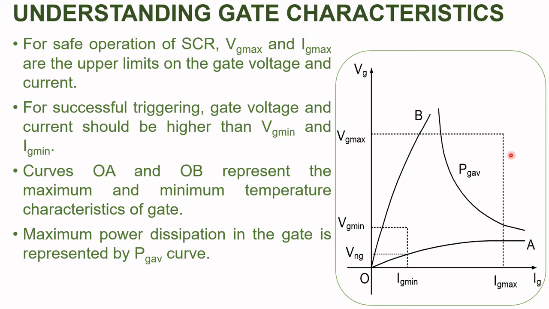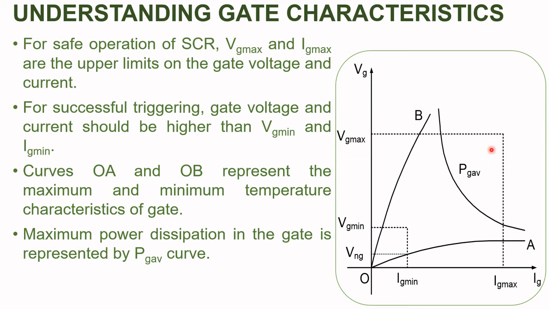This PG average curve is typically a rectangular hyperbola. This indicates the maximum power handling capacity of the gate. If the operating point of the gate is maintained above the PG average curve in this region, then there is a chance that SCR will get permanently damaged.